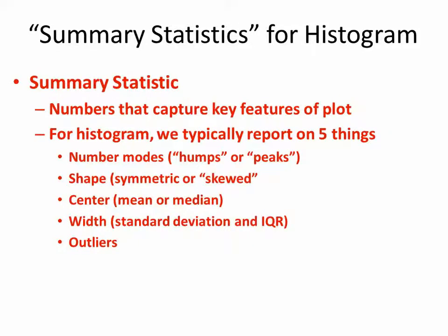The standard deviation and the interquartile range. We usually don't use that, but I'm going to put this in here. And finally, outliers. Outliers are just what they sound like. When you look at the graph, they're far away from everyone else. They're isolated points. And we're not going to get into a real technical condition for how you determine an outlier. It's just going to be visually.